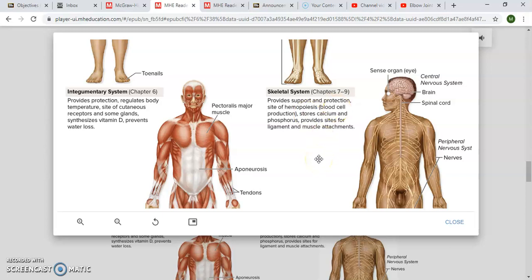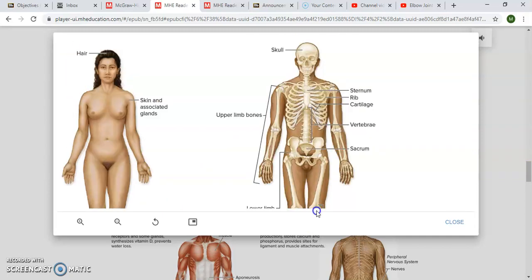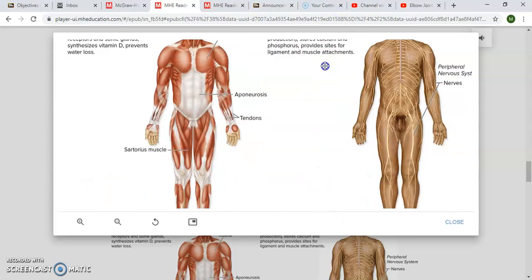Inside our bone marrow is where our blood cells are made, like red blood cells, white blood cells, and platelets. It's also a place where calcium is stored until the body needs it, and some phosphorus. And it's where ligaments and muscles attach, so that we can have movement as well. So that's the skeletal system.